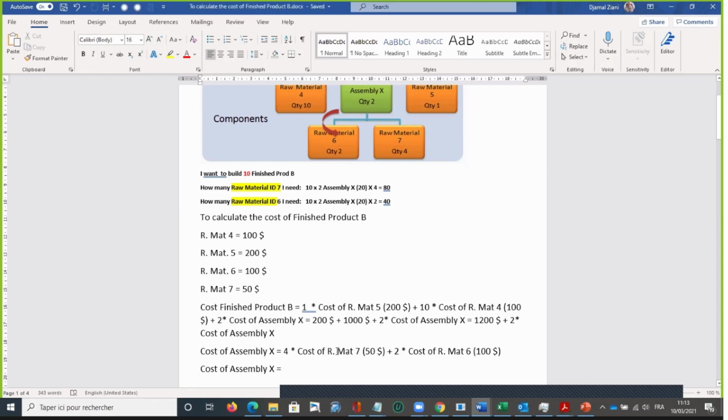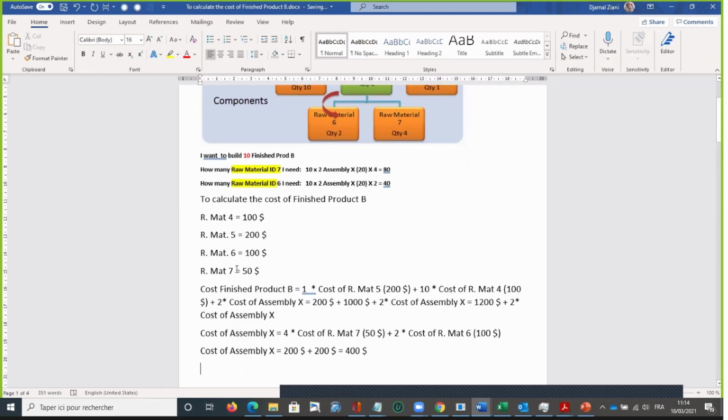200 plus 250. 4 multiply by 50 is 200, right? 200, yes doctor. 100. Okay. Plus 200. Why plus 200? So this equals 400. Okay, is it correct? Yes. In this case, now we go here. I will replace this and take this one.